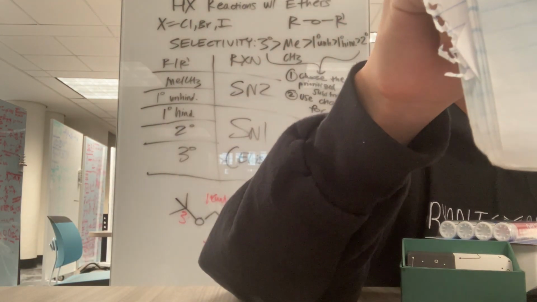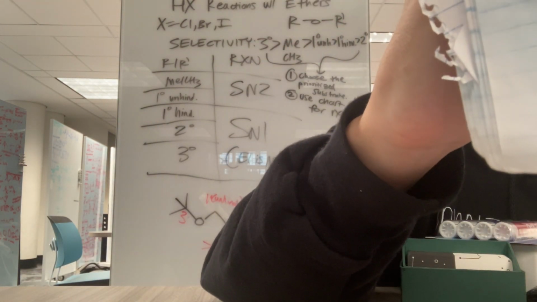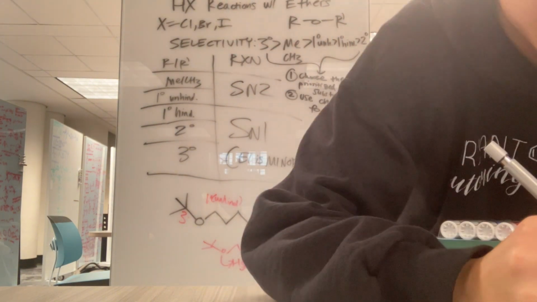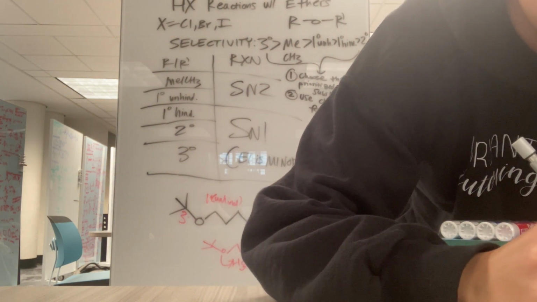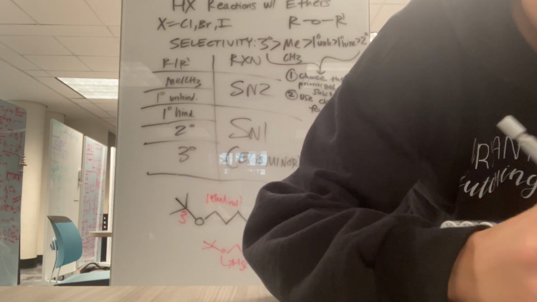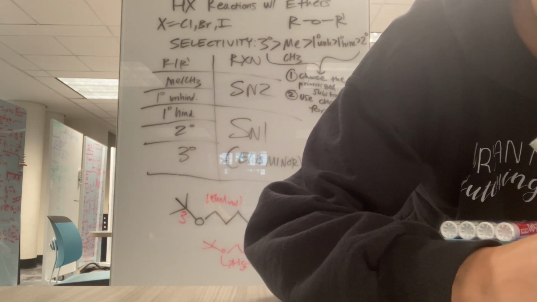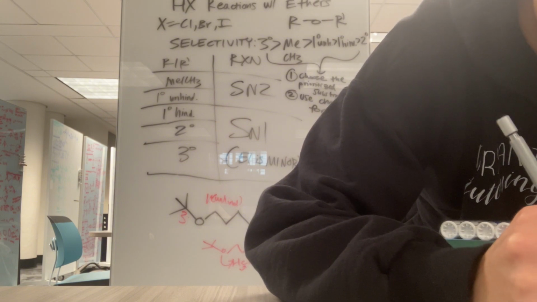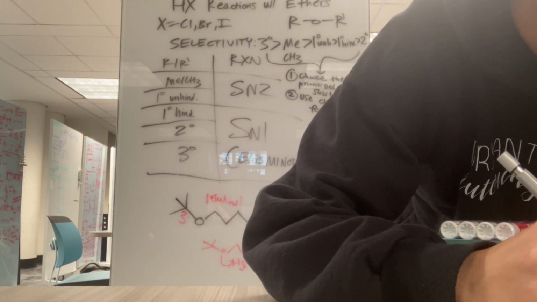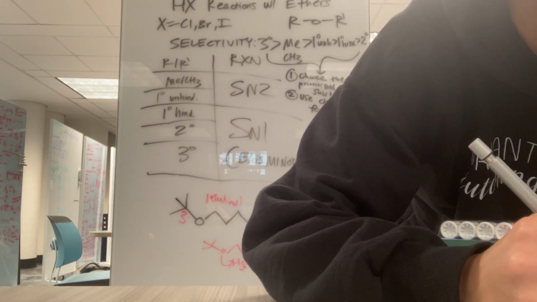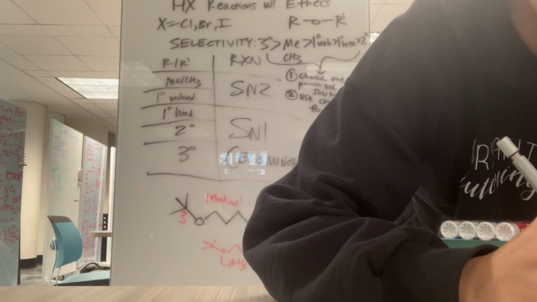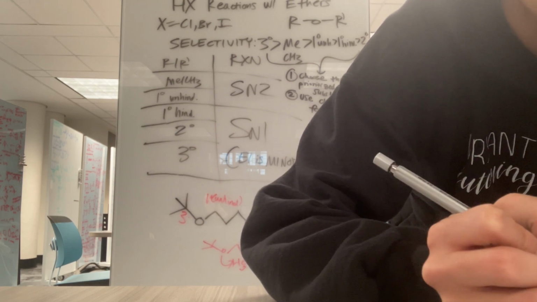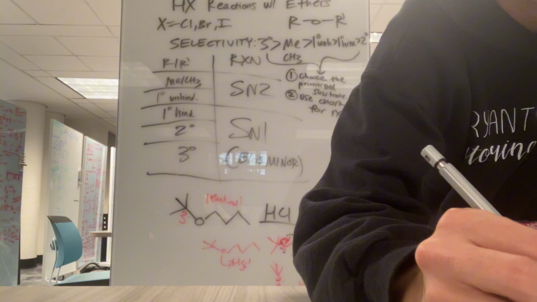This oxygen here is positively charged because it has 3 bonds: 1, 2, 3. When it kicks off, the 2 electrons go into that bond. Before, this oxygen only had 1 pair of electrons, but when it leaves, it now has 2 pairs of electrons and it's neutral. So the final product would not have that as the answer.